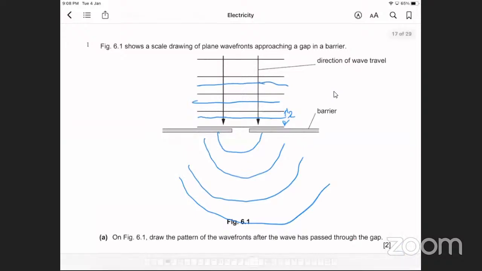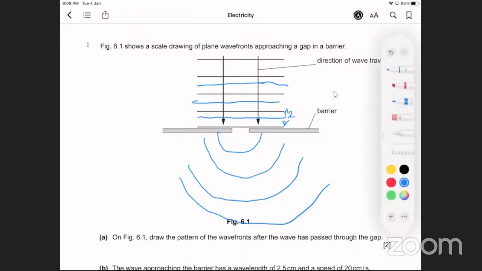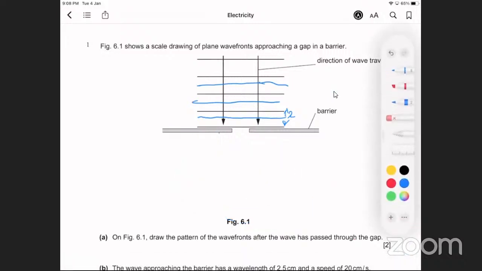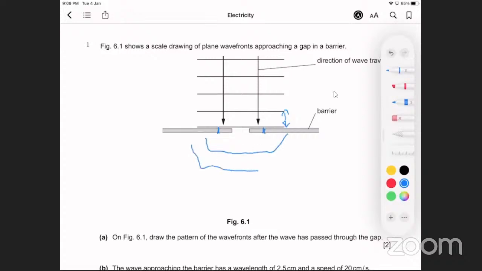So let me just erase this. Let's say for now we've increased the gap size. The gap size now has been increased to more than the wavelength. These waves will now be a bit more straight, like this. Does it make sense?